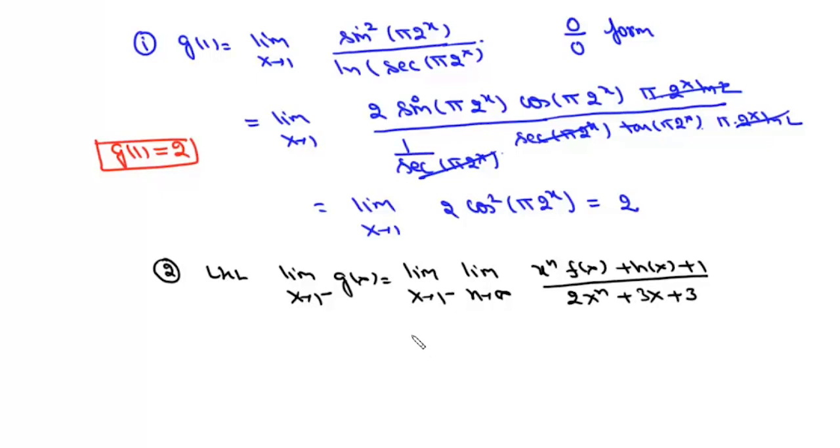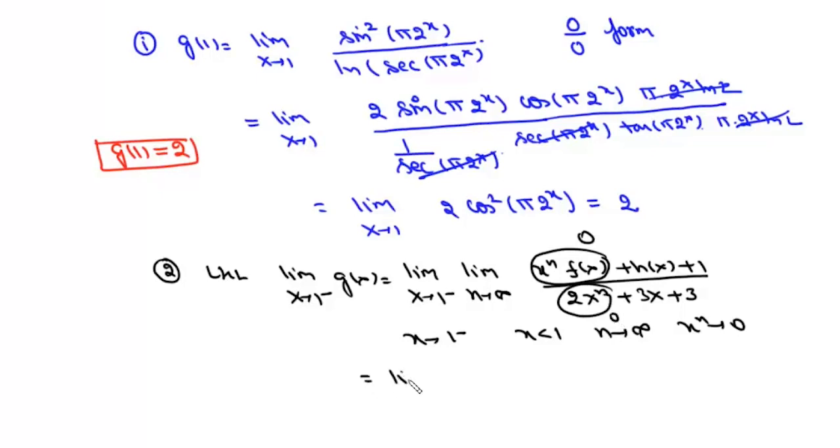Now we know that as x tends to 1 negative, that is x is a little less than 1, then as n tends to infinite, x to the power n approaches 0. So this expression will be 0, and this expression also will be 0.